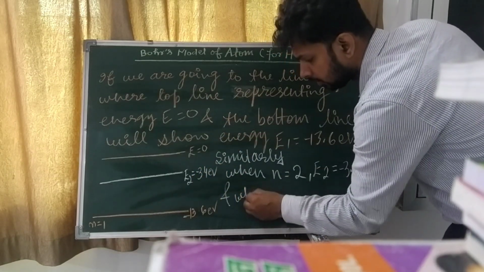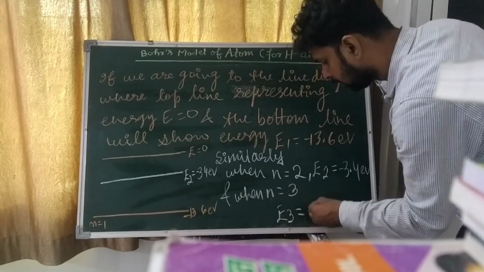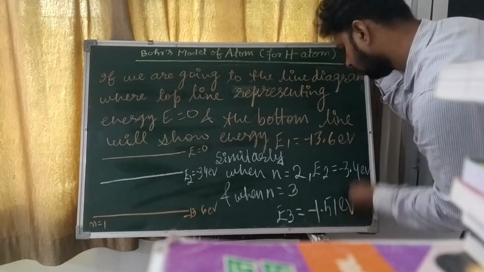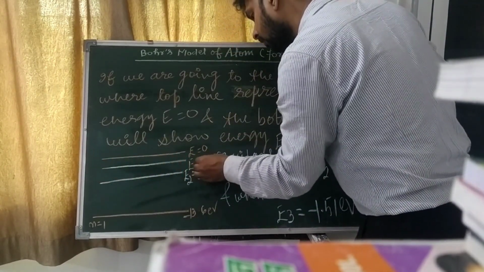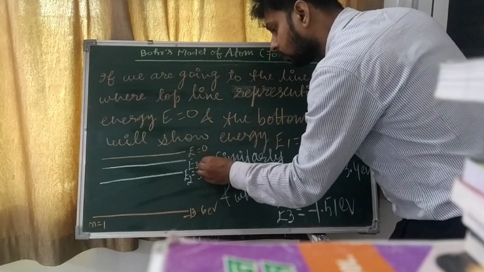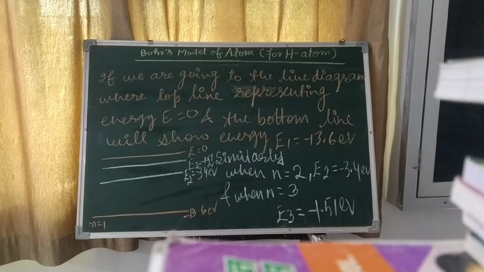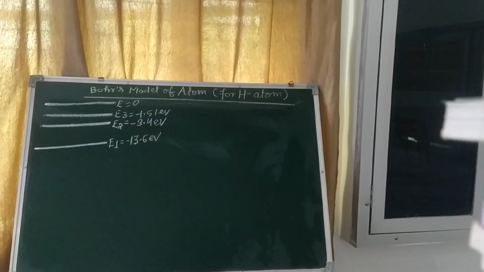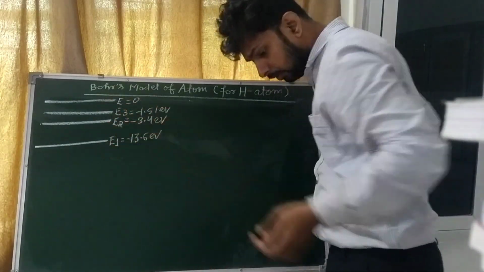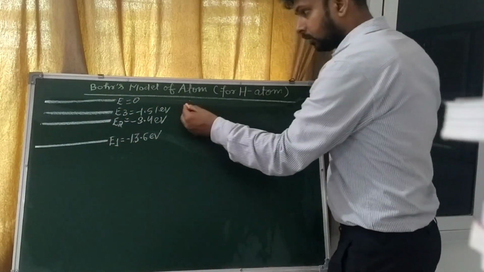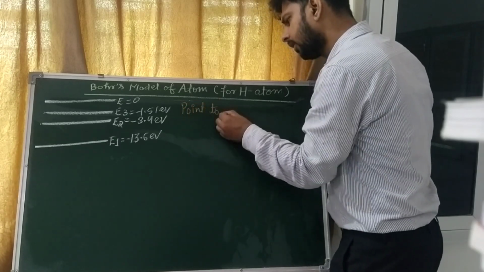And when n is equal to 3, our E3 will come out minus 1.51 electron volt. So it is our E3, minus 1.51 electron volt, right up to here. Okay, so we have come to know what the energy lines are.